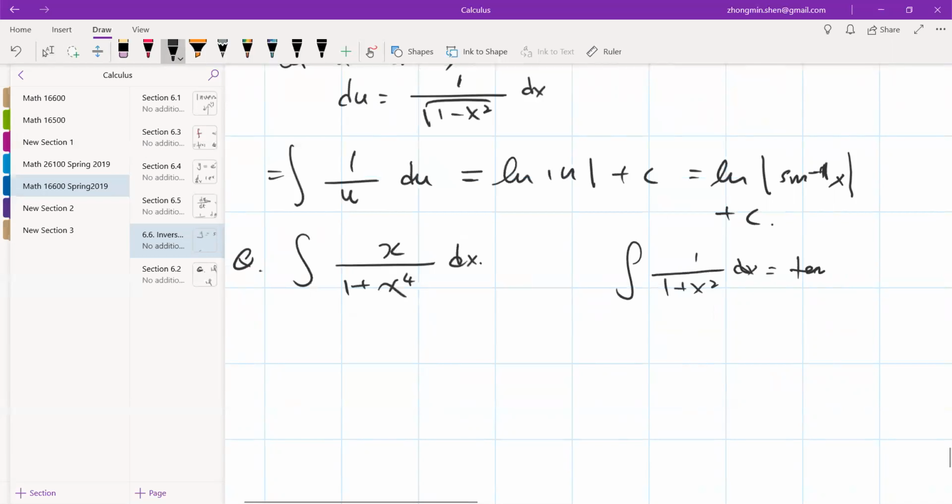This is going to be arctangent x plus constant.